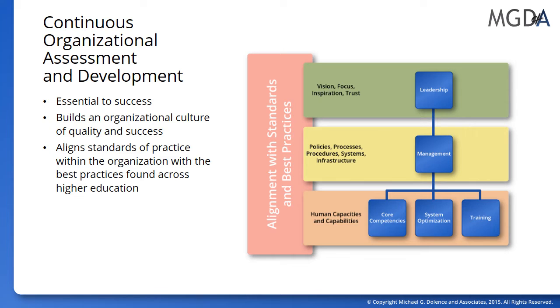It also includes such core competencies as system optimization, collaboration, communication, and cooperation. Together, these elements build an organizational culture of quality and success. One overarching intent is to align standards of practice within the organization with the best practices found across higher education and global learning systems.